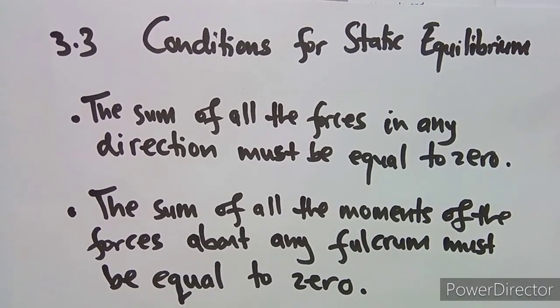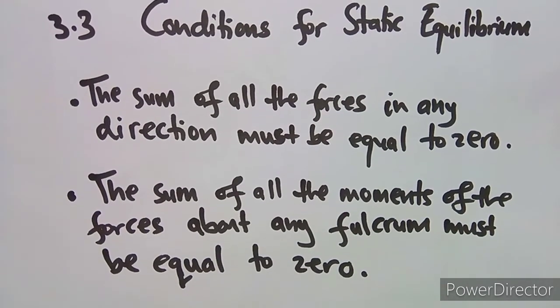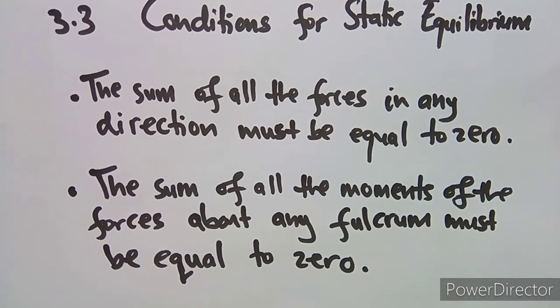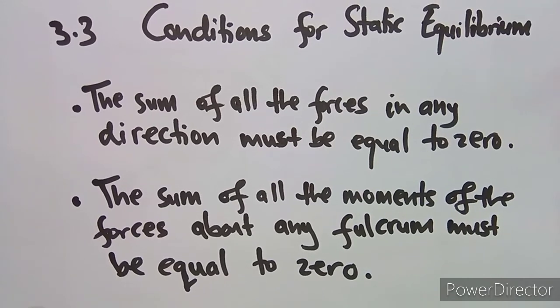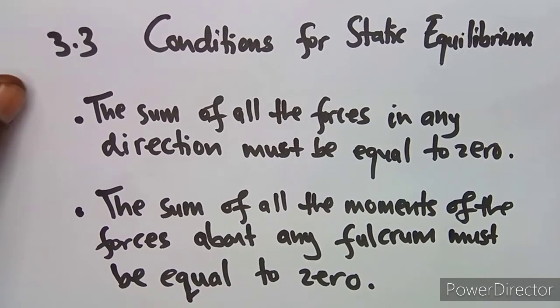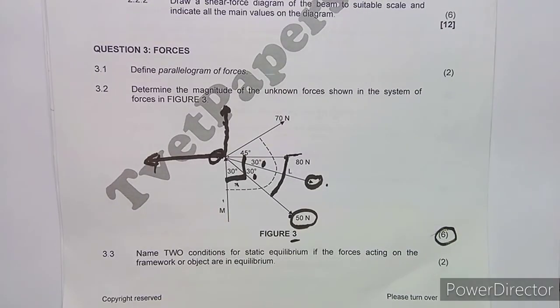Conditions for static equilibrium: the sum of all the forces in any direction must be equal to 0, and the sum of all moments of the forces about any fulcrum must be equal to 0. So that's what you just need there. I think these conditions, guys, they are just direct and straightforward there.